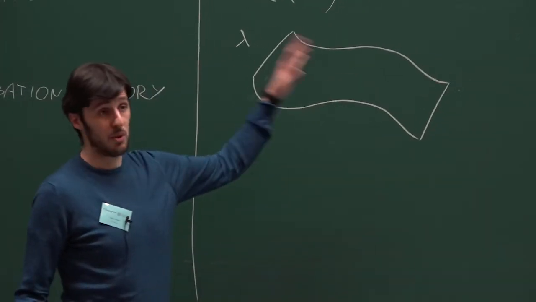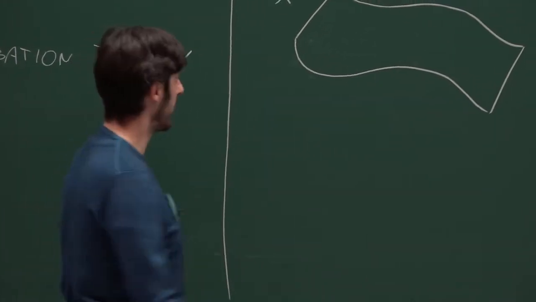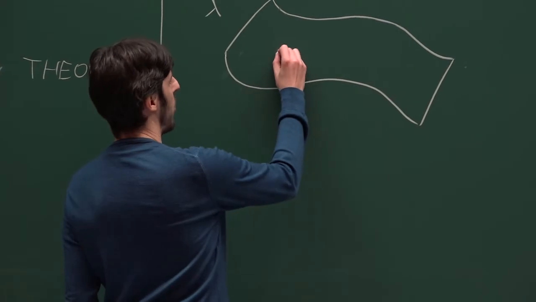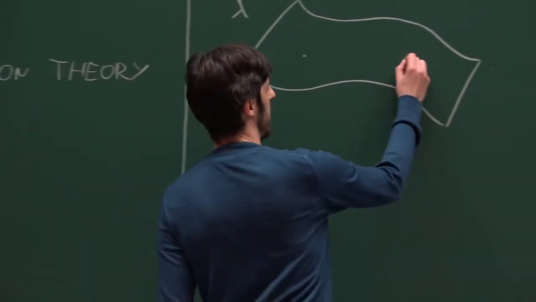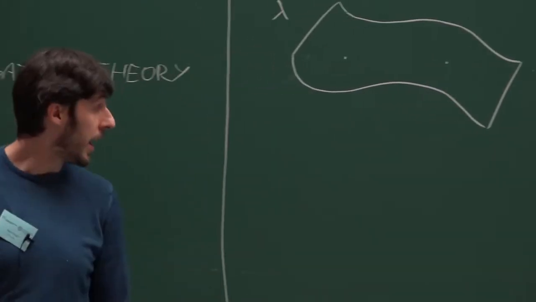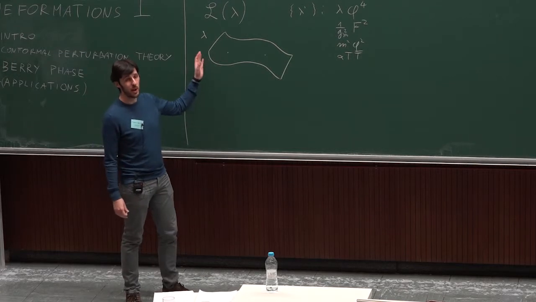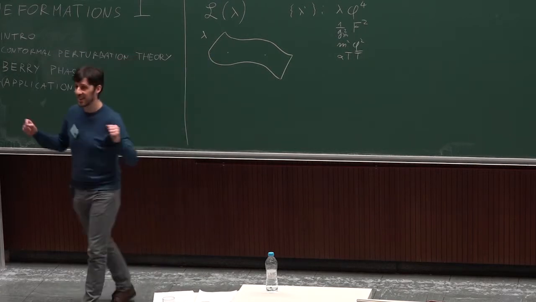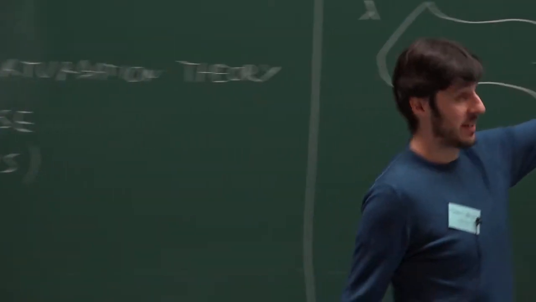And this is supposed to represent the space of my coupling constants. So the idea is that each point here corresponds to a different theory. So you have a theory here, a theory there, and so on. And we will see soon why this makes sense. So you might be very worried that I'm treating these things as numbers, right?